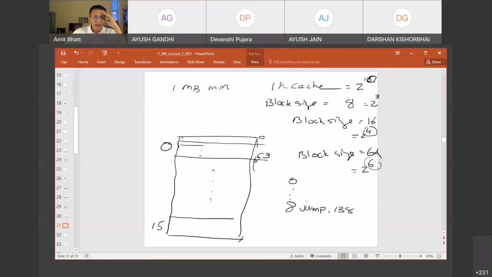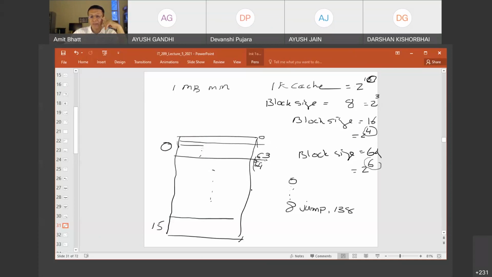So then you will say, okay, I have used only 9 instructions over here. I want to use instruction number 138. So 138 would be in block number 2, right? Because this is 0 to 63. The next block would be 64 to... help me out here.